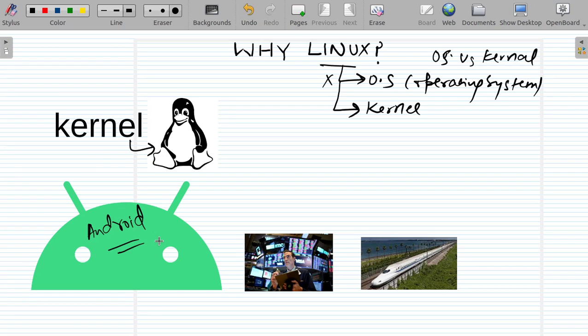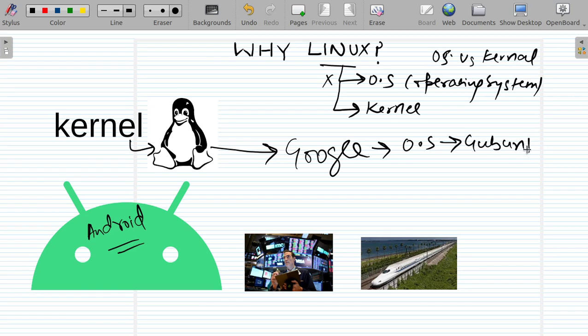Linux is everywhere, but you may not have realized that today every tech giant like Google, or any other big tech giant, is switching over to Linux. Google has already released its own operating system using the Linux kernel, which they have named Ubuntu, and they have basically made this Ubuntu operating system only for their company employees, right?